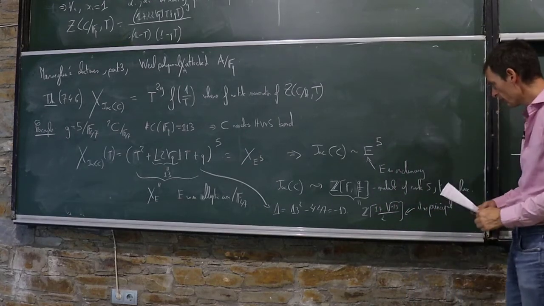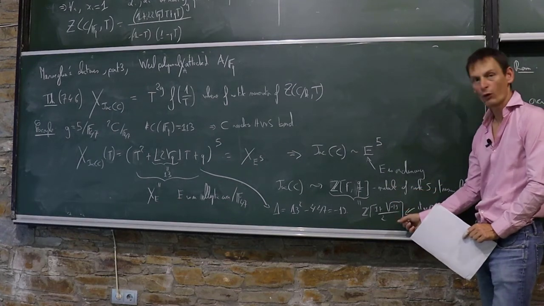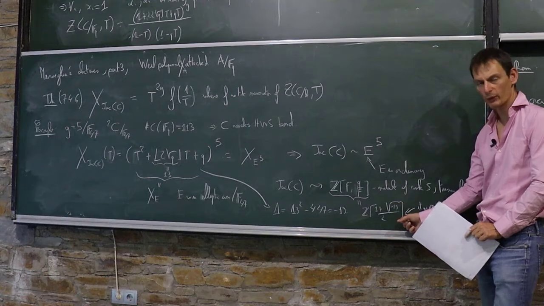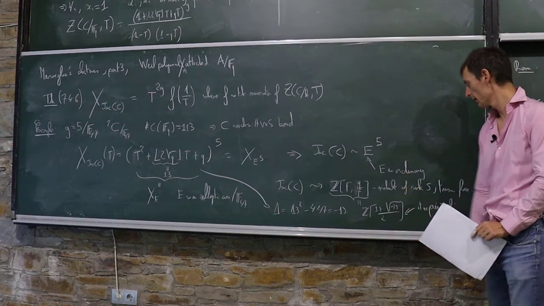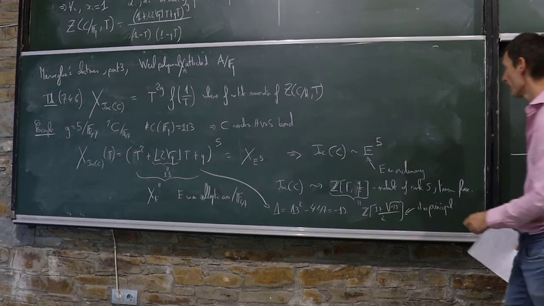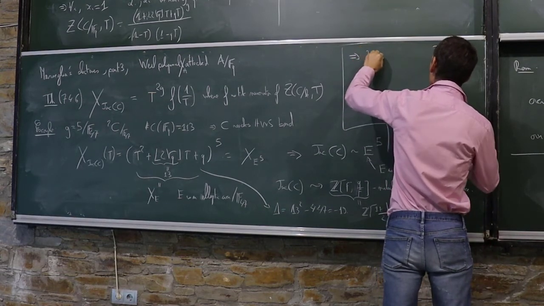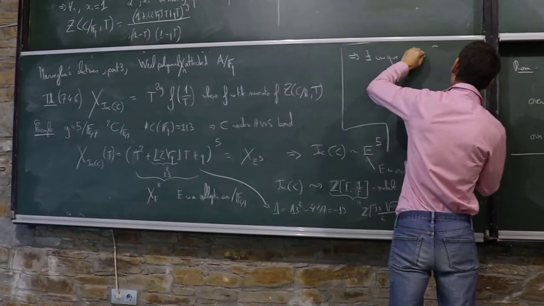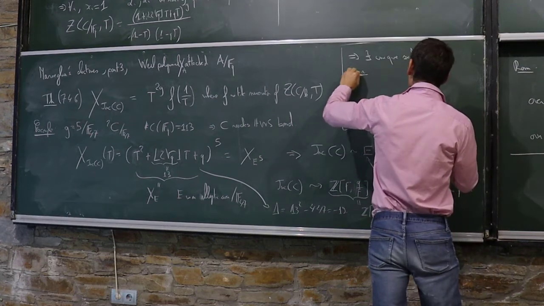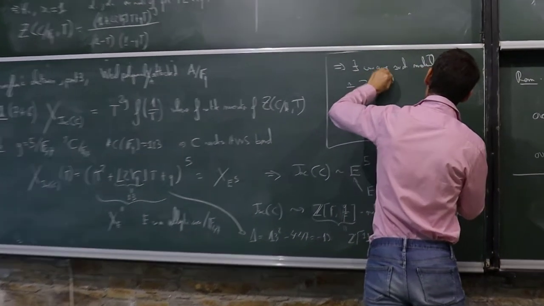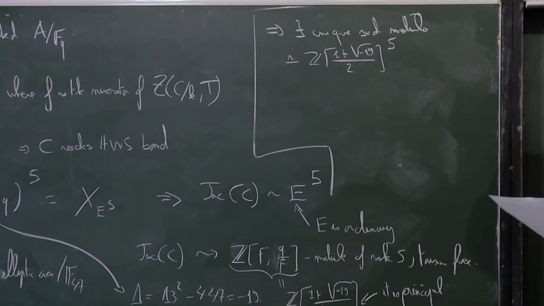So now I am left with classifying modules of rank 5, torsion-free, over a principal ring. But one knows exactly how to do this. I mean, there is only one, and it's going to be free. So thanks to that, one shows that there is a unique such module, which is isomorphic to Z[(1+√-19)/2] to the fifth.